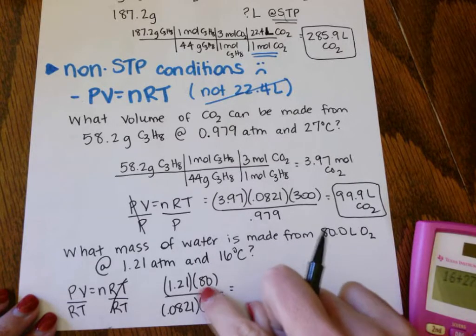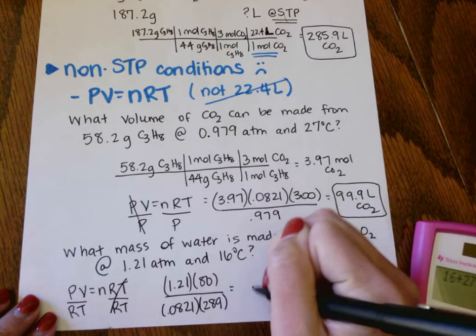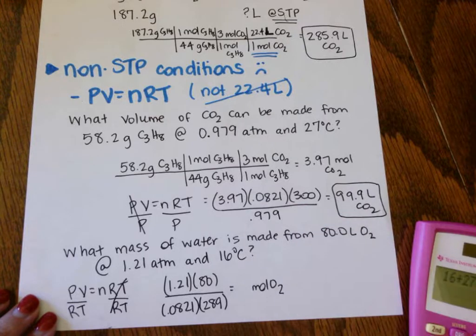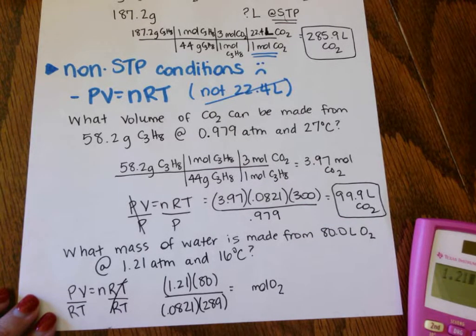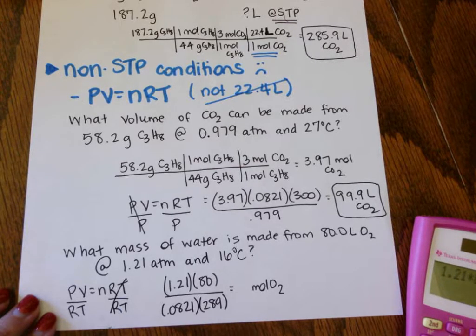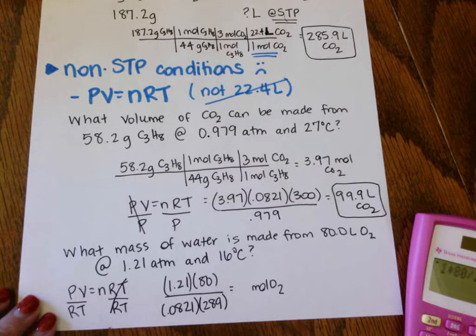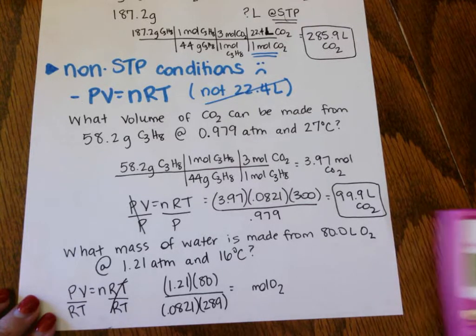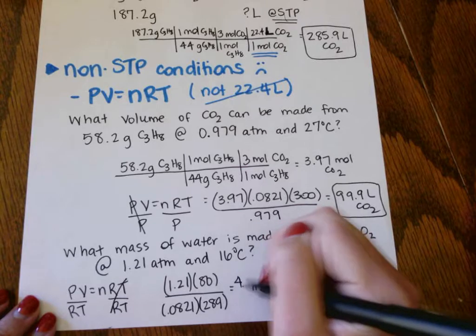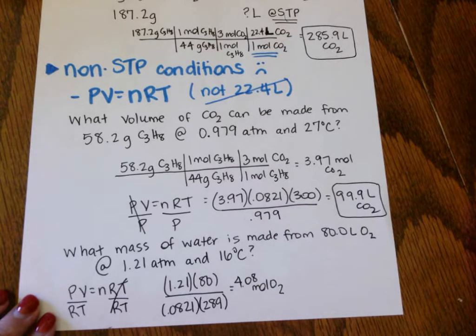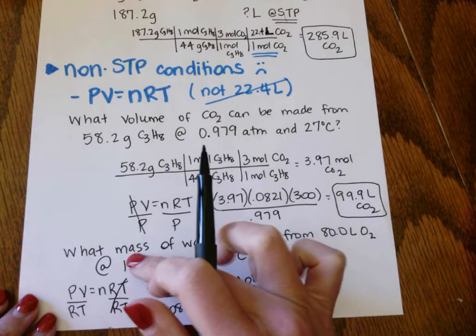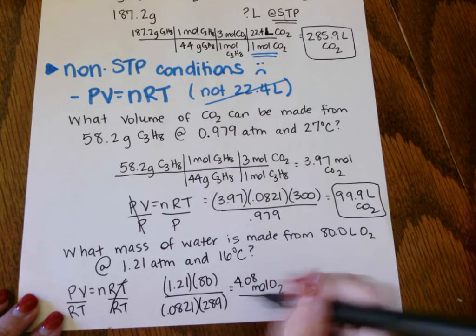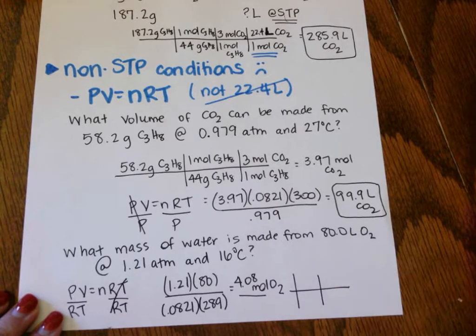Because this is the volume of oxygen, what I'm solving for is moles of oxygen, okay? So 1.21 times 80 divided by 0.0821 and divided by 289 is 4.08 moles of oxygen, okay?